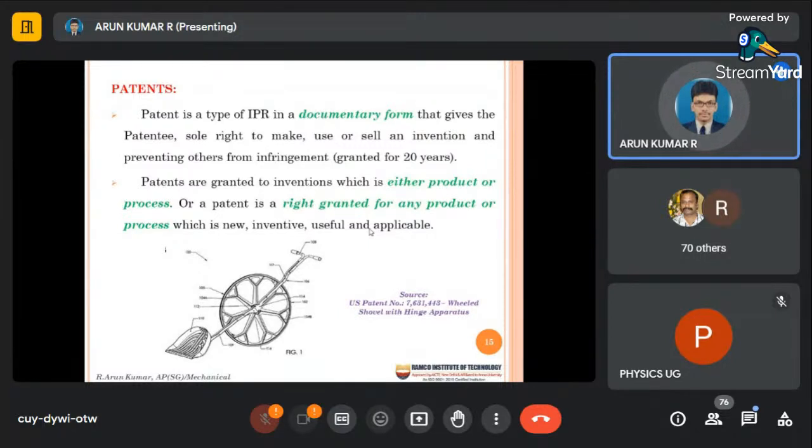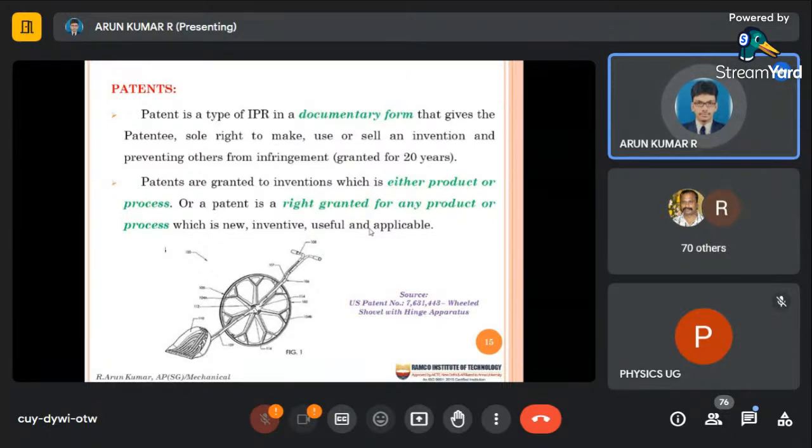So once again, in India, patent is granted for inventions and innovations, and those inventions are either a product or a process, and that product can be in a tangible or an intangible form. Generally we have a misconception that a patent is given only for a tangible form. It is not so.